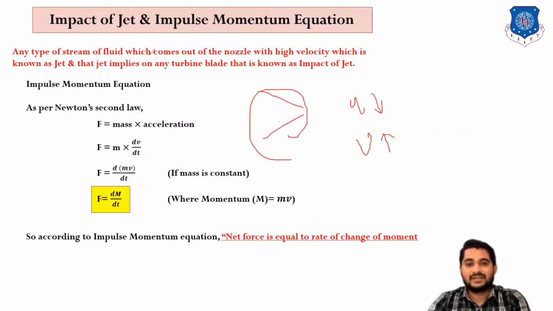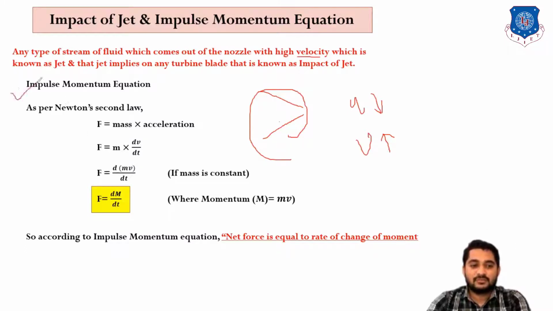If any type of fluid comes out from the nozzle with high velocity, which is known as a jet, and if that jet impinges on any turbine blade, that is known as impact of jet. Clear? So particularly in the impact of jet, velocity factors are there because velocities are very high because of the nozzle effect.